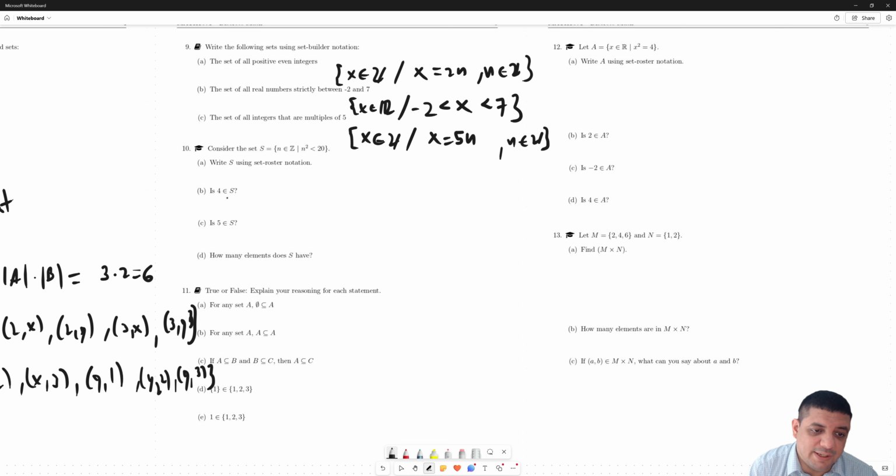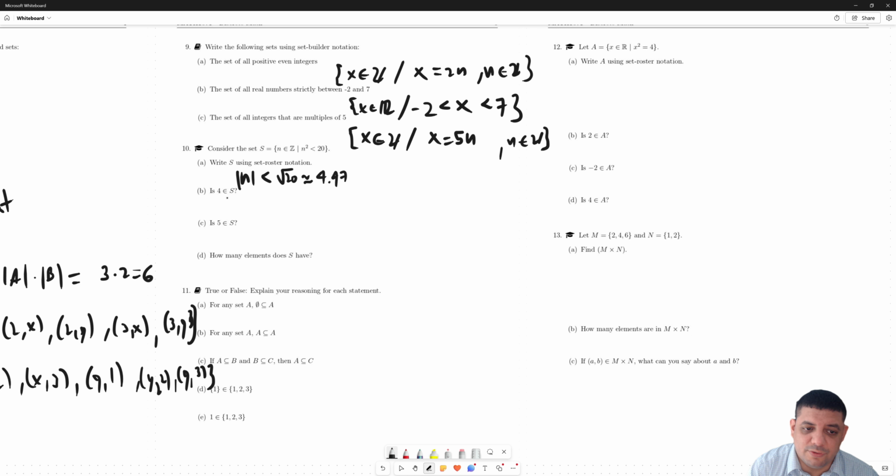Now, consider the set S of n that belongs to C with n squared less than 20. Let's write S using set builder notation. So if we're doing set builder notation, this first means that n squared is less than 20. So that means that the absolute value of n is less than the square root of 20, which is around 4.47.